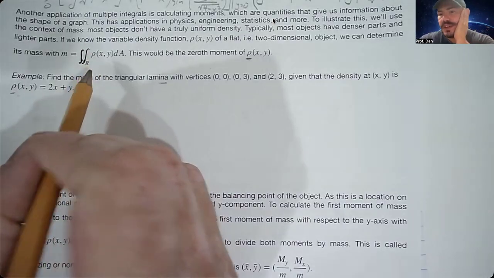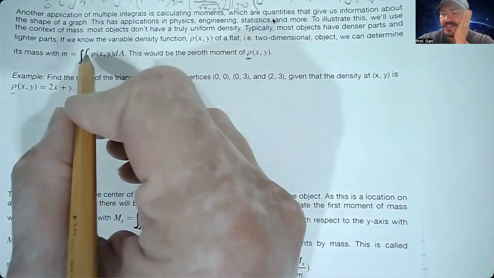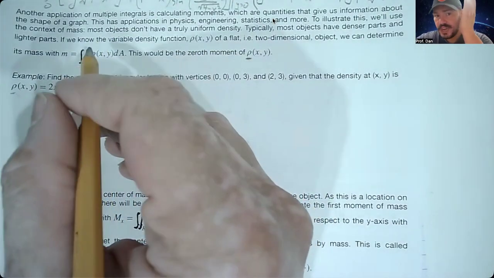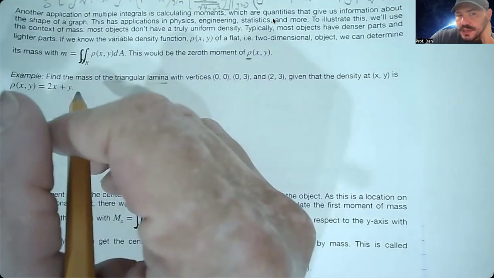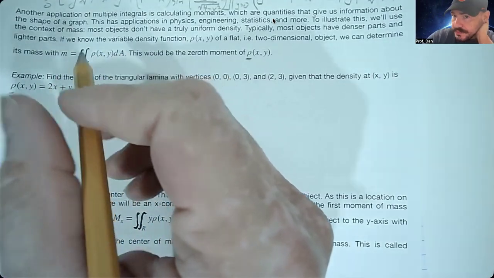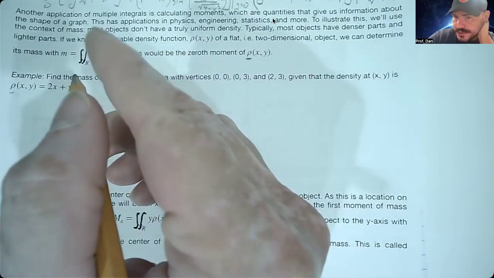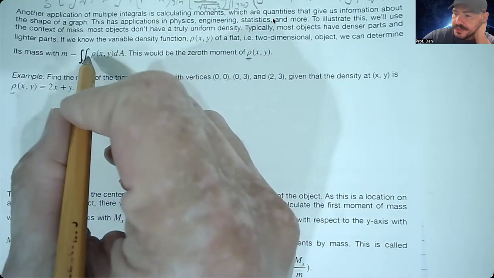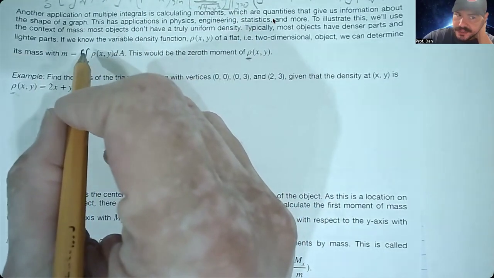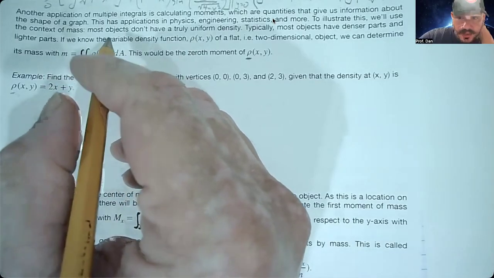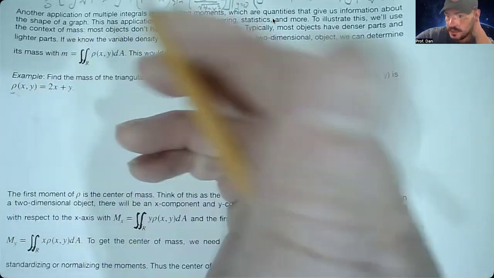If I were to integrate x times this and y times this, I would end up getting the different components of the first moment. If I were to multiply my density function by x squared and y squared, I would get components of the second moment, right?